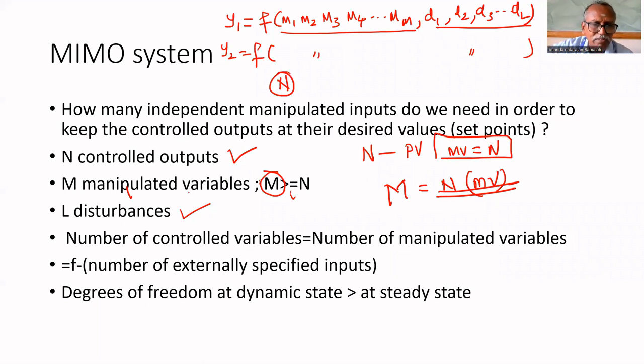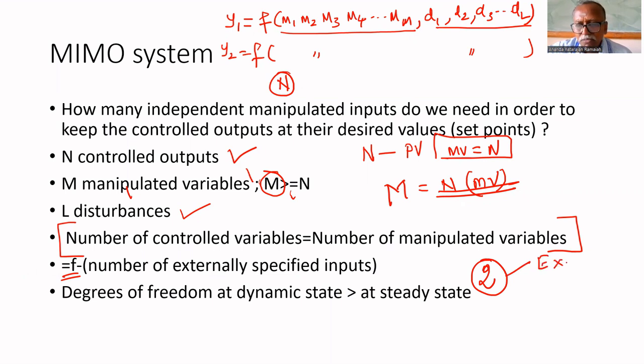The number of controlled variables equals the number of manipulated variables. We know that the number of controlled variables equals degrees of freedom minus the number of externally specified equations. Degrees of freedom 2 means we can write two more equations only. One is specified externally, another one is by the control system, so the degrees of freedom becomes 0.